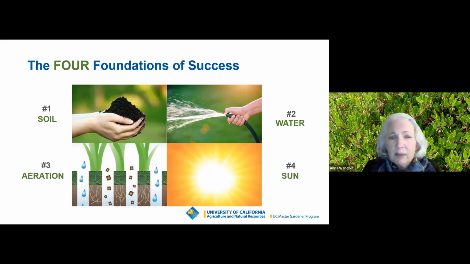Aeration is hugely important for native plants. They're used to having quite a lot of air in the soil. This is your drainage. This is your loose soil. This is your sandy soils and rocky soils. You want to make sure that you have a lot of air in the soil. And the sun. This is how much the plant is adapted to having sun or shade.